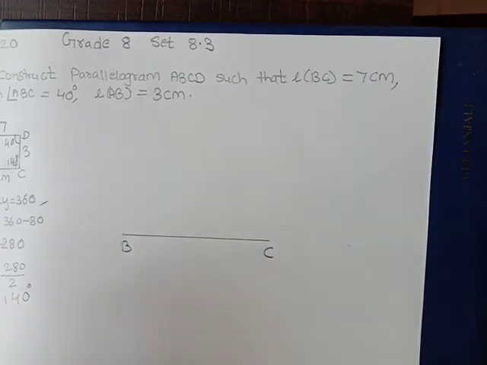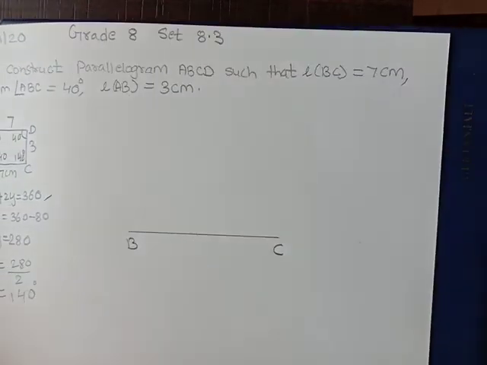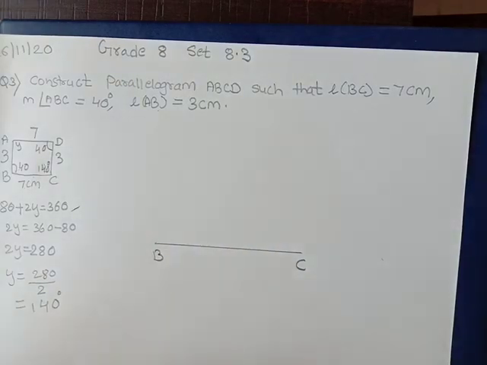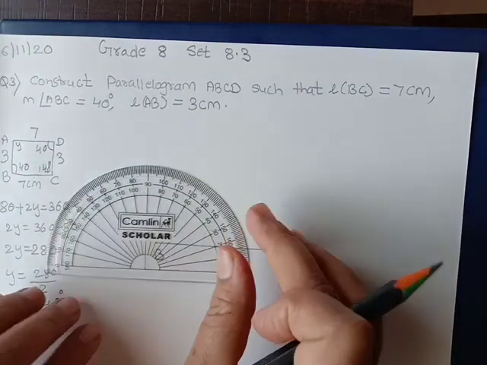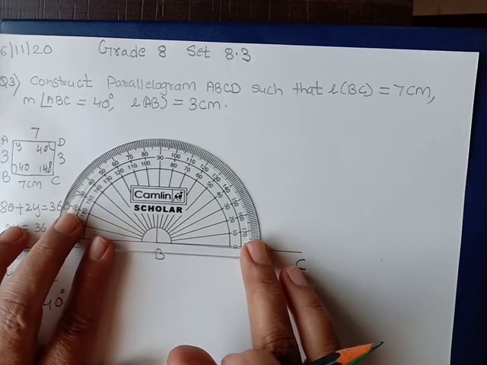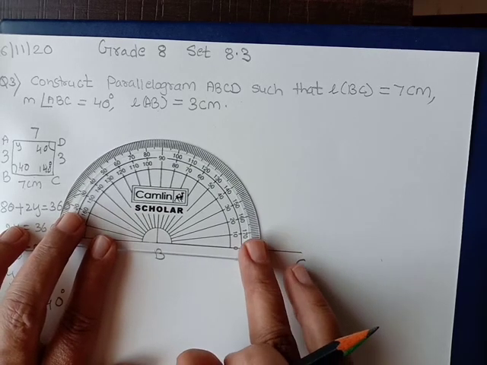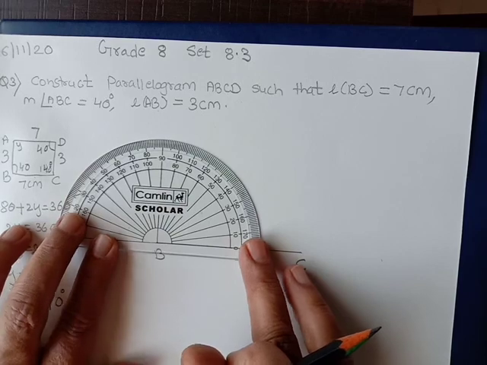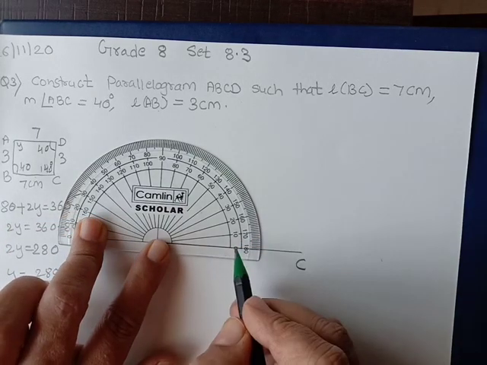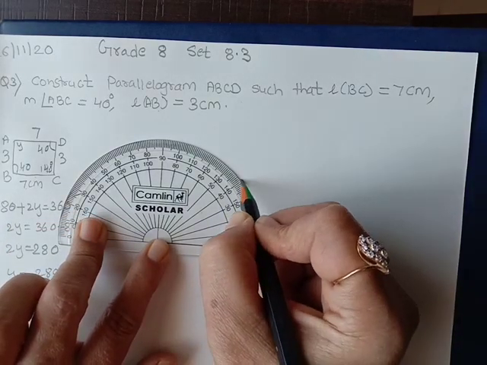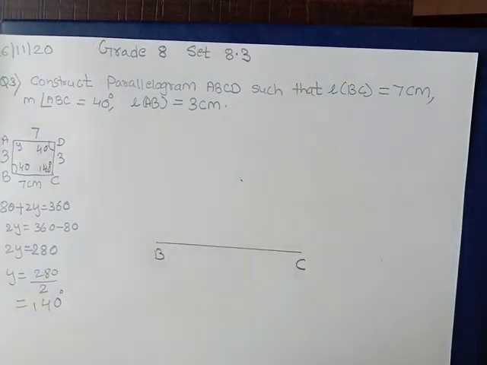We have already learned this, no? How to draw the angles. So leftward, remember, inside scale we are going to use. You can see the earlier videos. So we have 40 degrees inside scale. So 40 degrees comes out to be over here. Alright, so join this now.